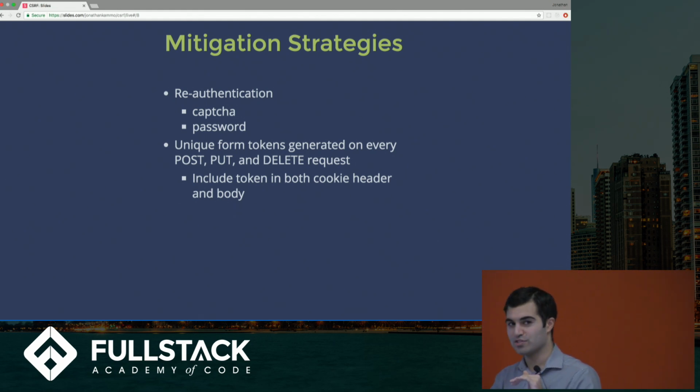Then you include that token in both the cookie header and the body of the message so that even if an attacker can act as an impostor and has your cookie in the headers, they will not be able to access the code that was running in the browser at the time, again, unless you have an XSS vulnerability. But assuming that's not the case, they will not be able to read that secret token that was a value on some form, let's say. So they won't be able to impersonate you anymore, and then you'll be able to get around CSRF.